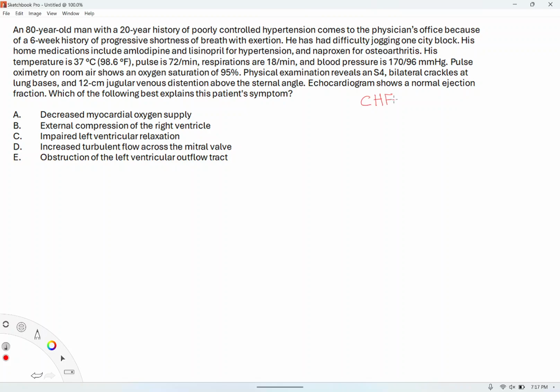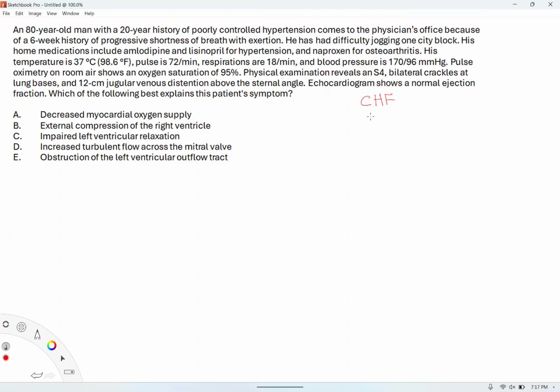How do we know that? When you think of congestive heart failure, there's the difficulty. I think I should spend time on this question because 95% of the time congestive heart failure is left heart failure. Only a minority of the time is it right heart failure.